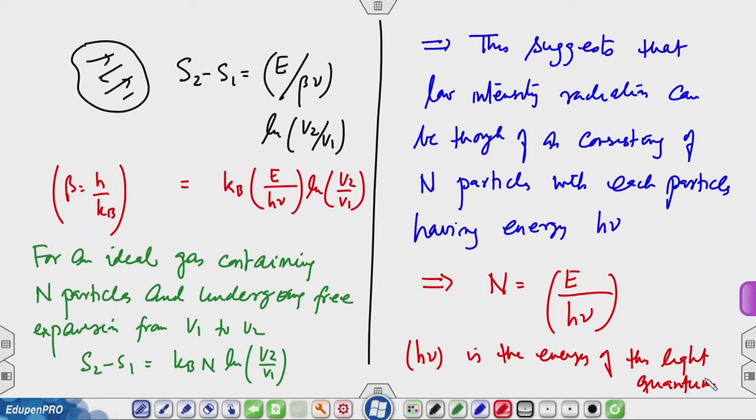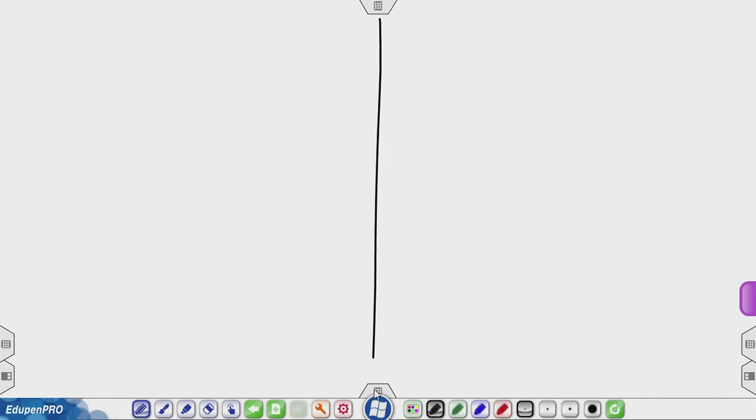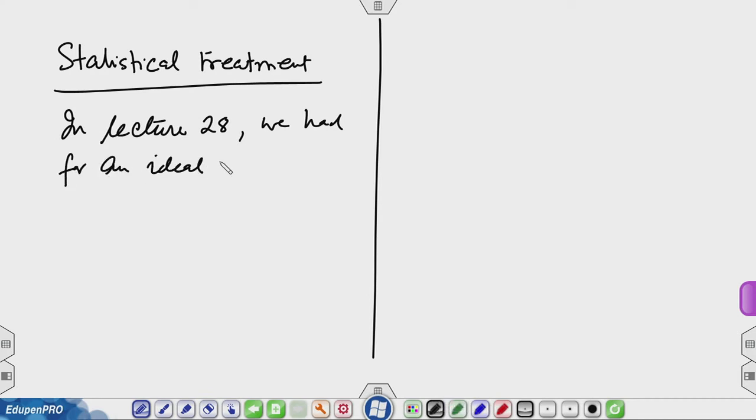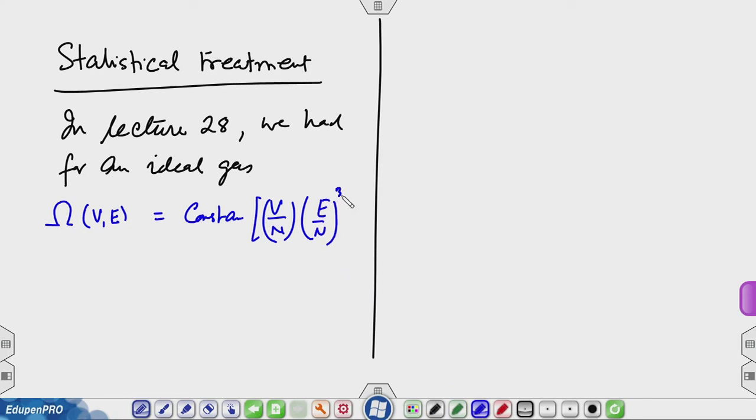Einstein went further and looked at its statistical treatment. Let me do that also, which is quite simple. If you go back to lecture 28, we had, for an ideal gas, the number of states of volume V and energy E equal to some constant times V over n times E over n raised to 3 by 2, raised to n.